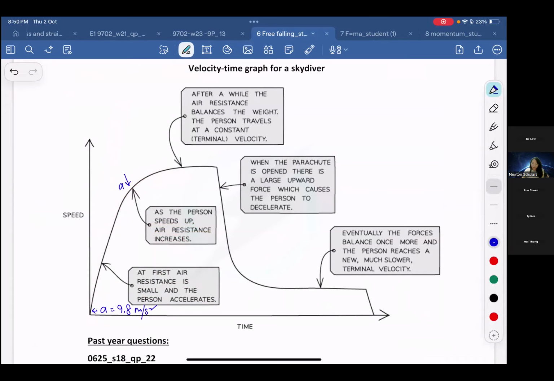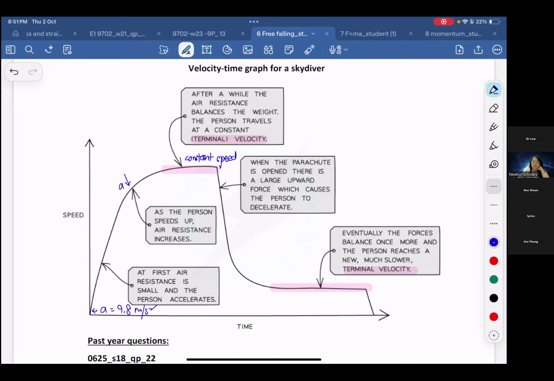After that, along the line, it starts to decrease until here. You highlight this part and this part. These two parts are called terminal velocity, until it achieves constant velocity, or we say constant speed.